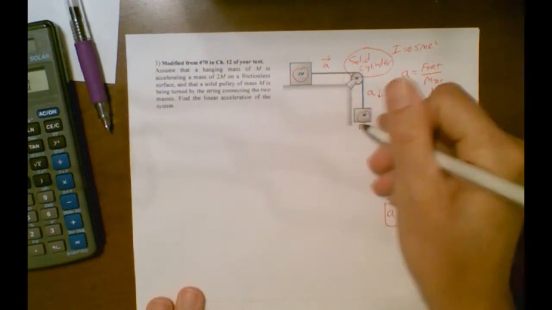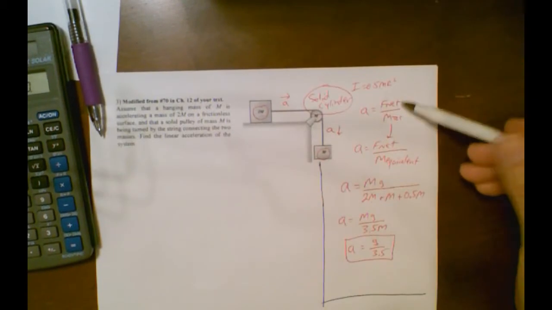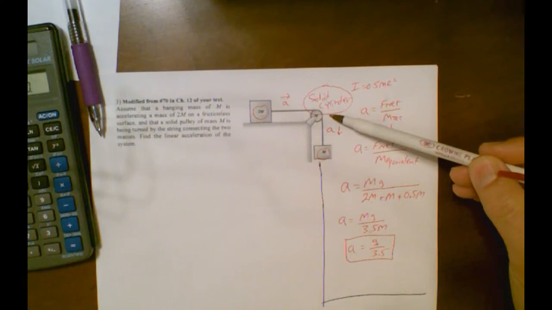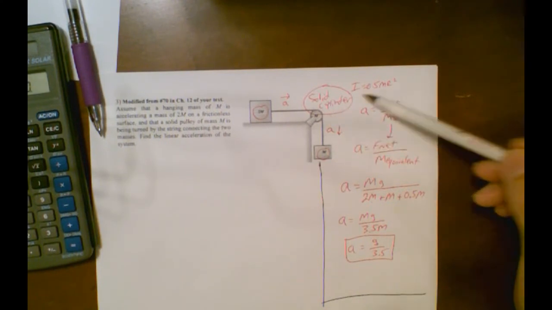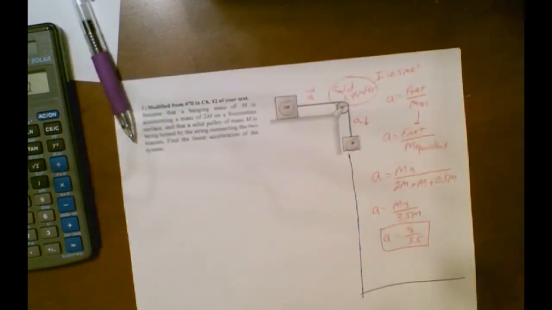So this is my sneaky, underhanded way to solve this problem, where basically if you have a solid cylinder, you think about the equivalent mass of the cylinder, and it's less because the moment of inertia is less than mr squared.